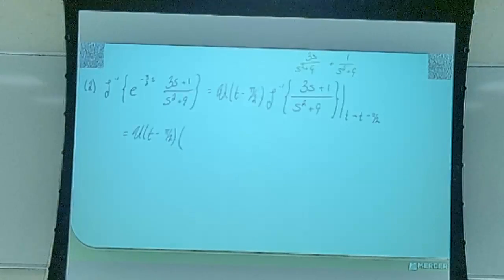Isn't that 3 cosine of 3t? Oh, but t has to be replaced with t minus pi over 2. So it's going to be 3 times t minus pi over 2, 3t minus 3 pi over 2.